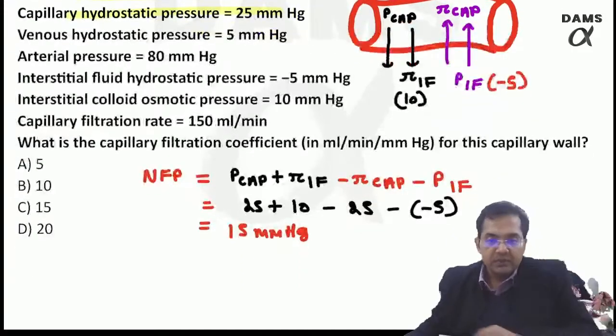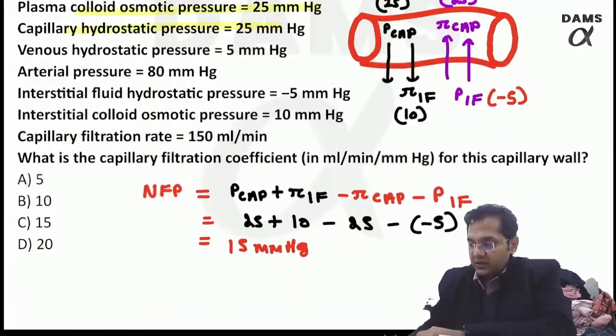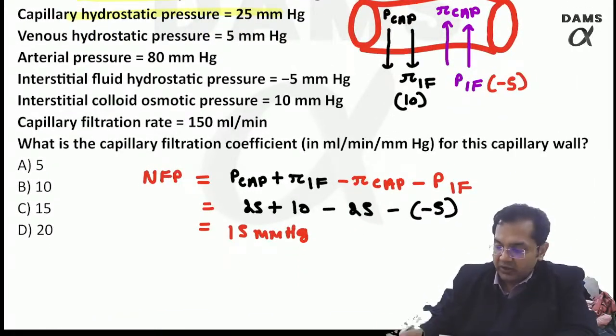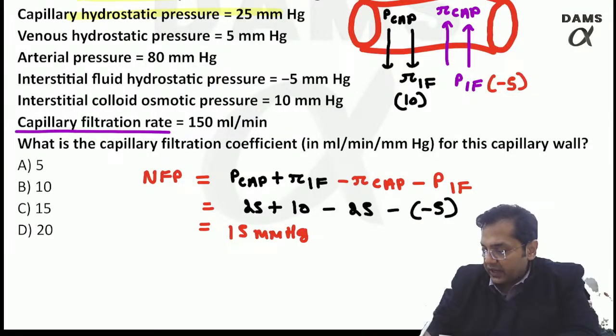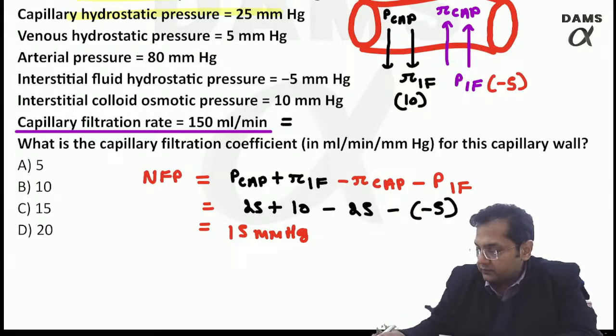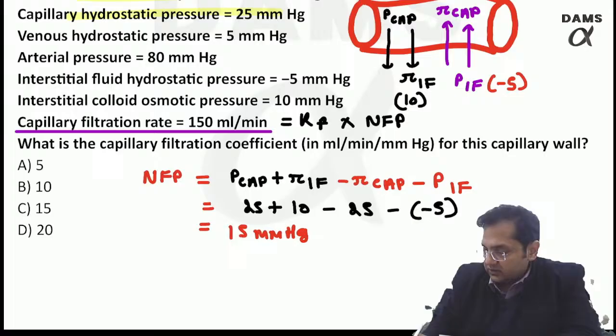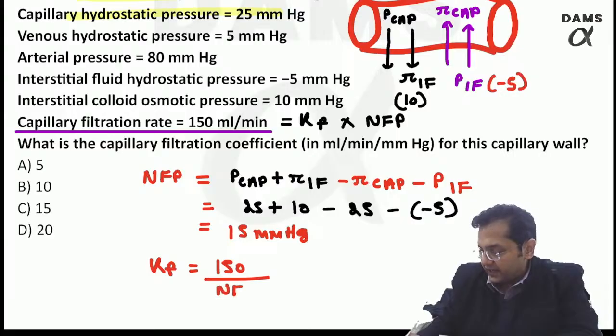But the problem is I am not asking you here for the net filtration pressure, although I have given you one choice of 15, which some students mistakenly choose. I have given you the capillary filtration rate, which is equal to Kf, the filtration coefficient, times NFP. Now you can easily tell me that Kf would be equal to 150 upon the NFP.